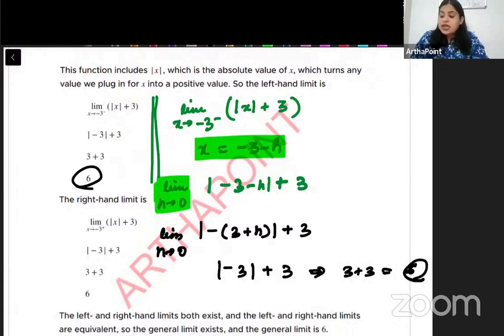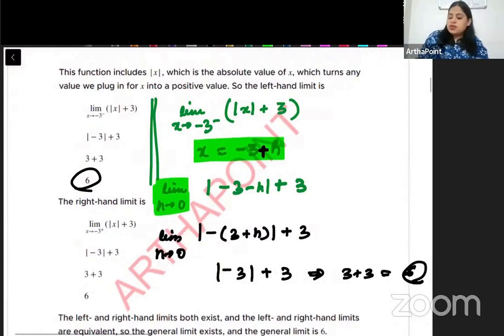What happens if I want to approach -3 from the right hand side? If I want to approach -3 from the right hand side, it means I take a value which is greater than -3. So I add something to -3, right? So just think about this.